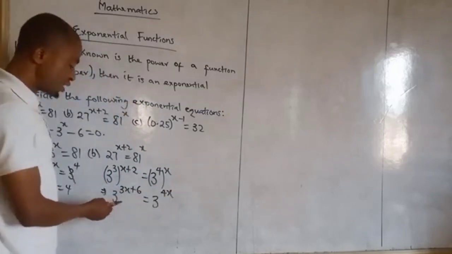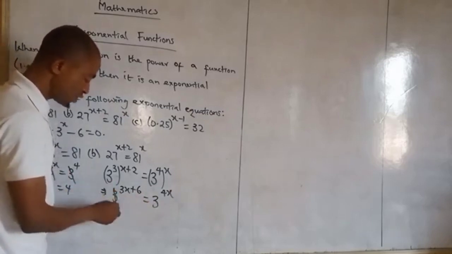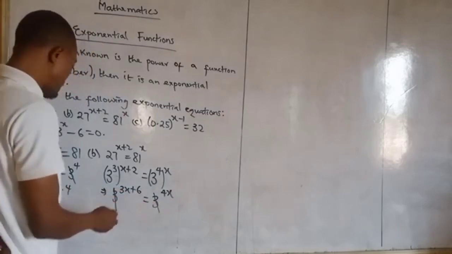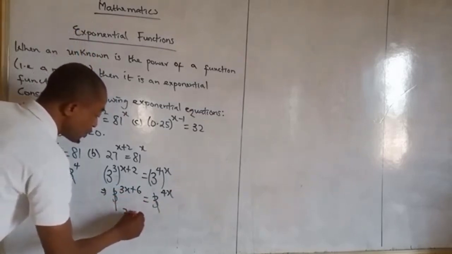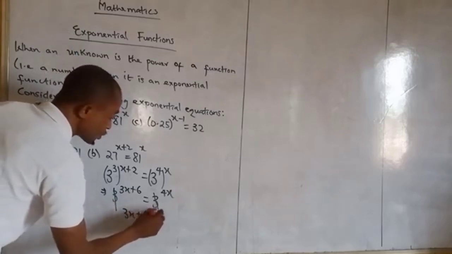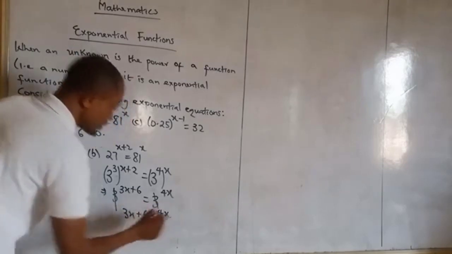So we observe that the bases are the same. So this base can cancel this base. So we'll be left with 3x plus 6 equals 4x.